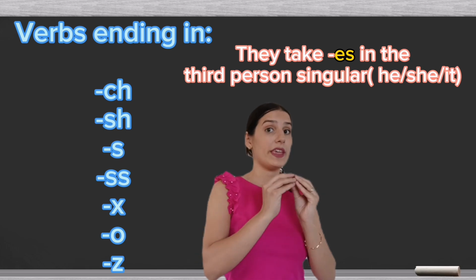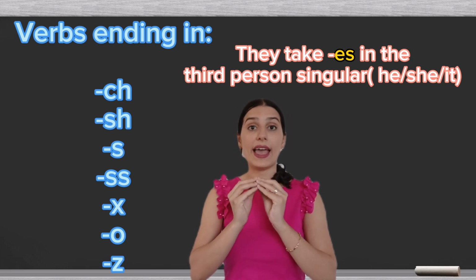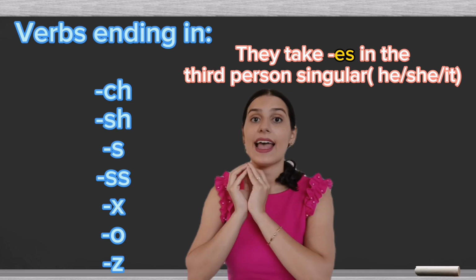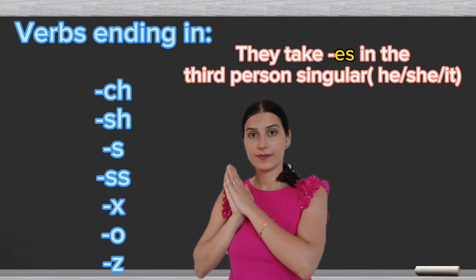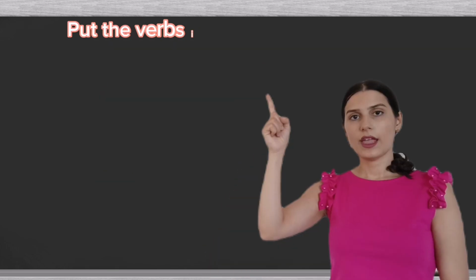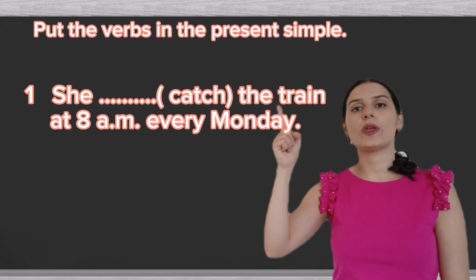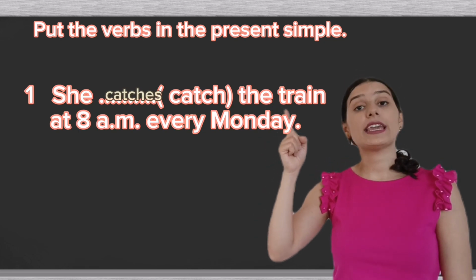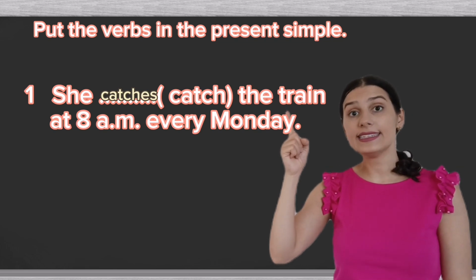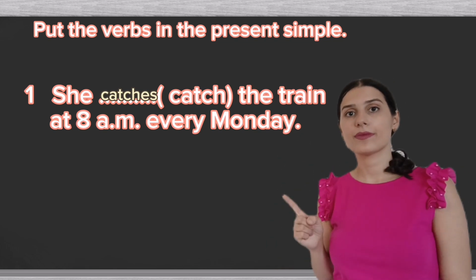It means with he, she, and it, we add ES at the end of these verbs. For example, she catches, very good, we add ES to the verb. She catches the train at 8 a.m. every Monday.